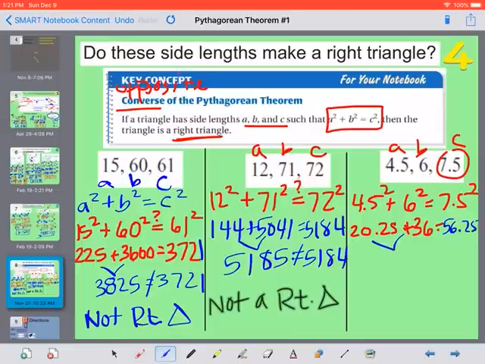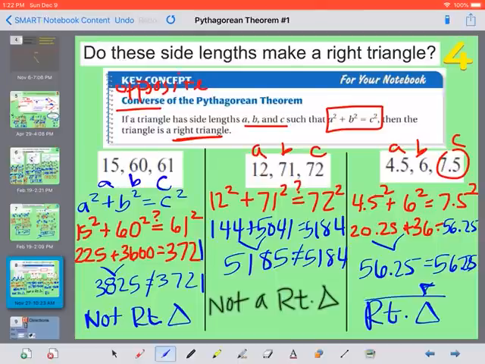So if we add these together, 36 plus 20.25, we get 56.25, which is the same on the other side. Because these are exactly the same, this is a right triangle.